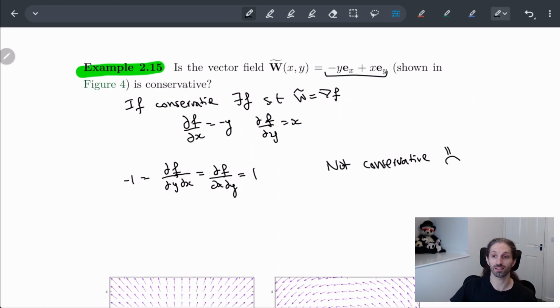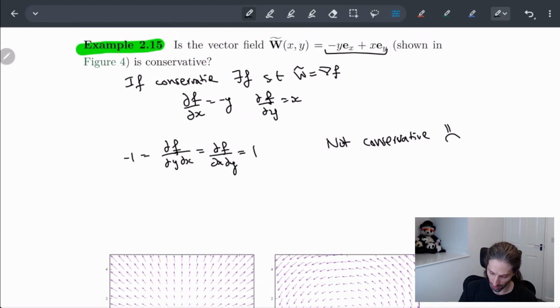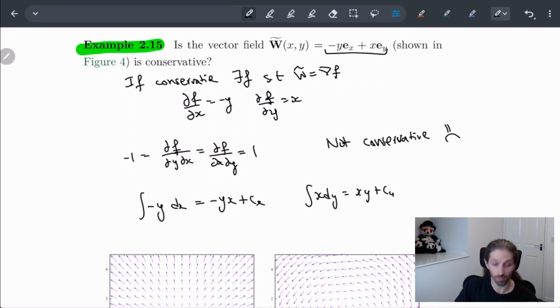Another way to see this is to go backwards and try to find the integrals. Another way to see that it's not conservative is we can take minus y dx and try to go up, and this gives us minus yx plus some constant. Then on the other side we have x dy, which gives xy plus some constant.